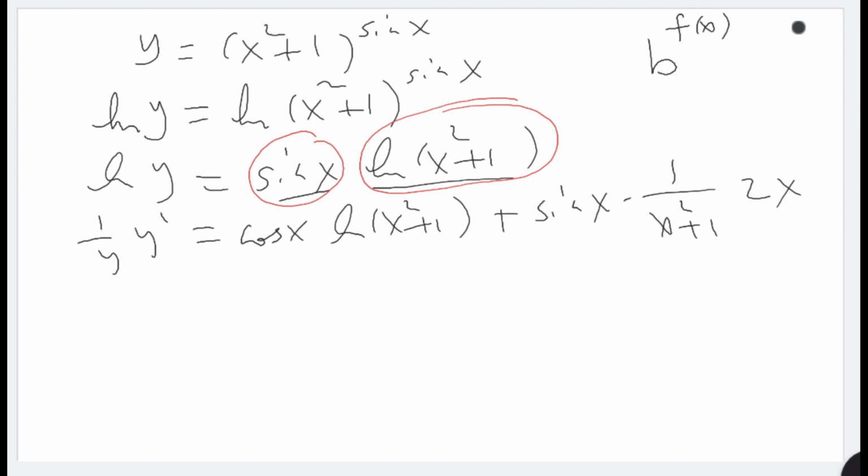You always end up with a product. Once you bring your power down to the front, you always have a product. If you start with this kind of exponential-like function, I'm not calling this an exponential function, so I call it exponential-like. Okay, so finally the answer: we multiply both sides by y.